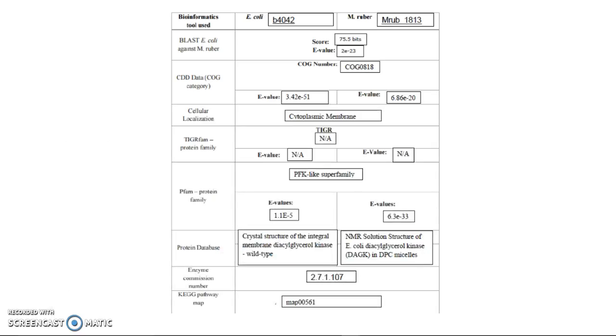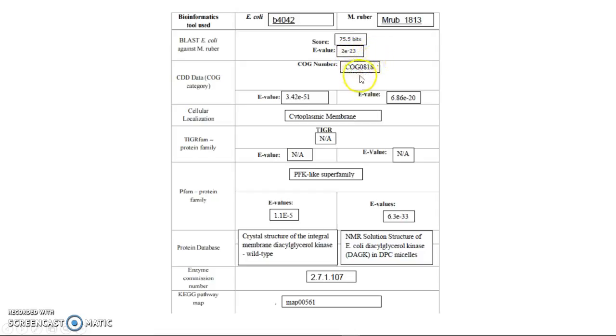And so for our first gene's results, we have our E. coli gene b4042 and MRUB_1813. Our score was 75.15 bits, and because it was a short sequence, that's a pretty good bit score. We had an E-value of about 2 to the -23, so that's a very small number, a good indication, not a lot of randomness.